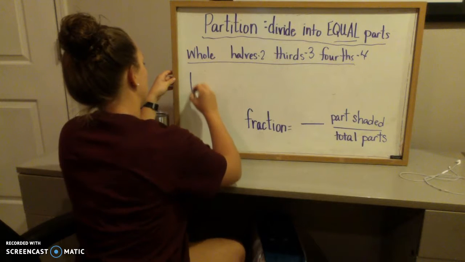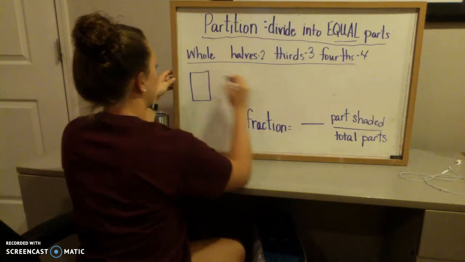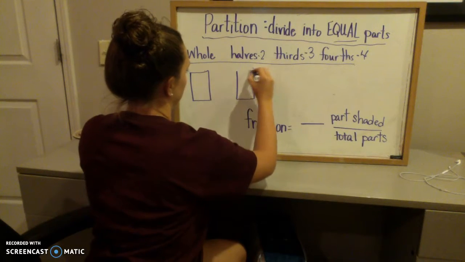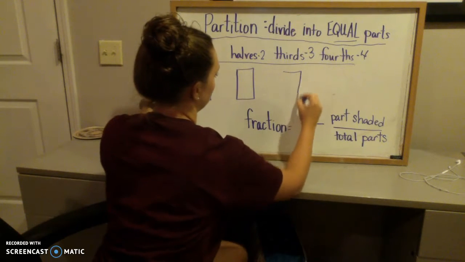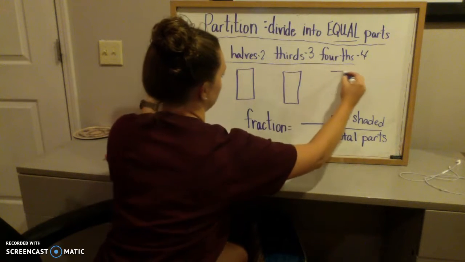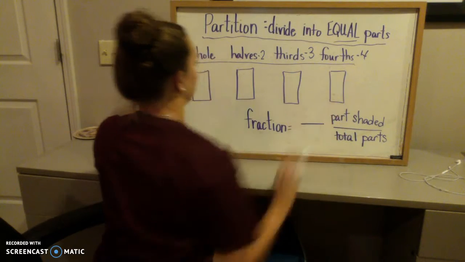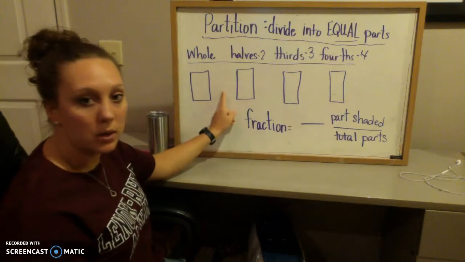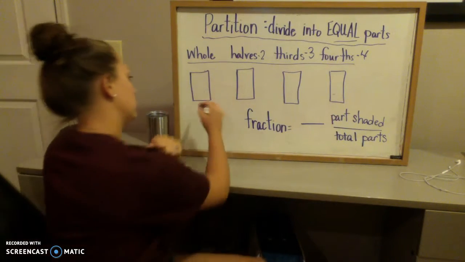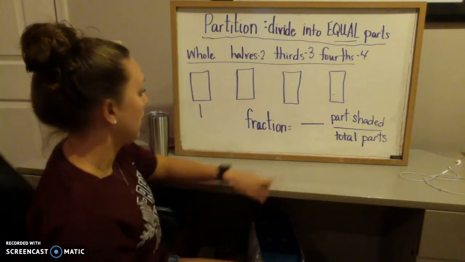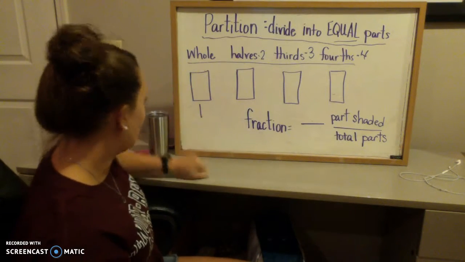So I'm going to do my rectangles up and down. I have one whole rectangle right here. I'm not going to do anything to it. I just have one whole piece.